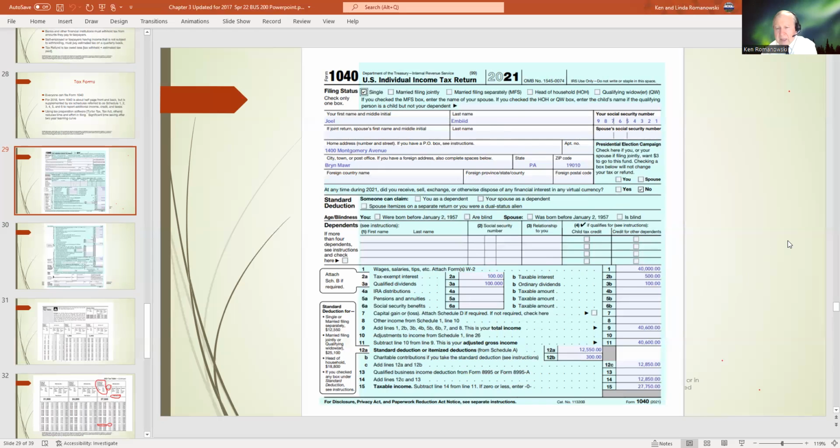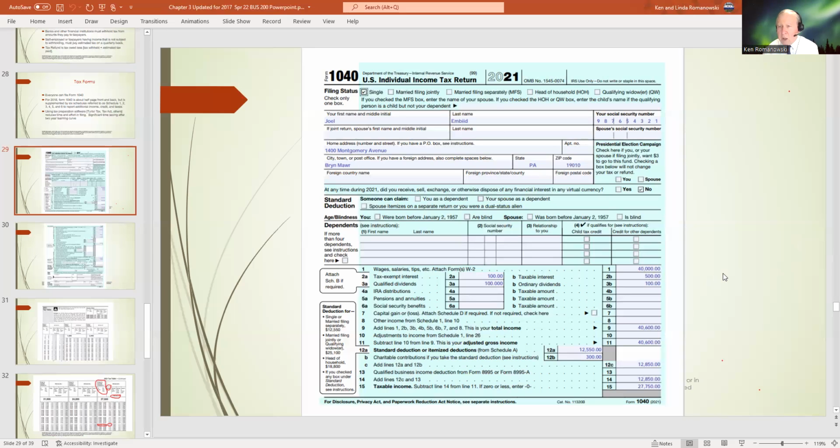On the other hand, let's say he had bank accounts, bonds, or certificates of deposit that paid interest. In this case, he had $500. Those items that are taxable, he will then put on line 2B. He also had qualified dividends, dividends that he held on to for a year.